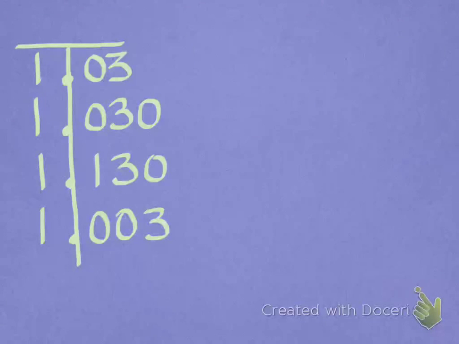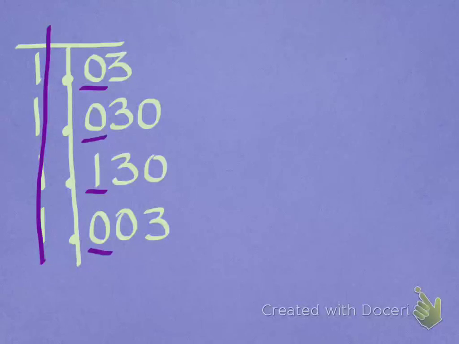Okay, we've got another set on this screen. And notice my first column, I have all 1s. So I'm going to mark that out because those are all the same. And we're going to look at that first column after the decimal point. And I've got 3 of them that have zeros. So then I'm going to go to this column. And it looks like this one's going to be my first.